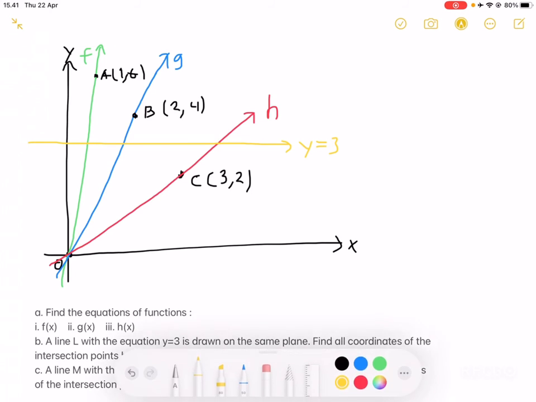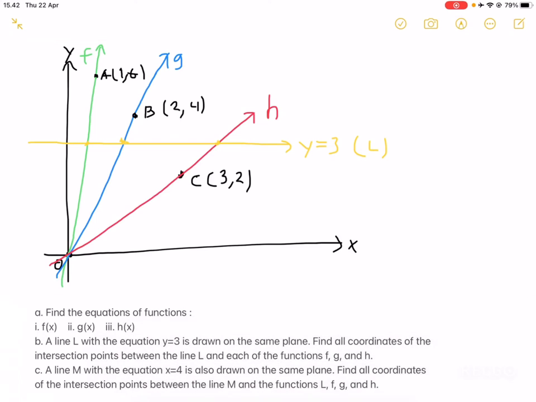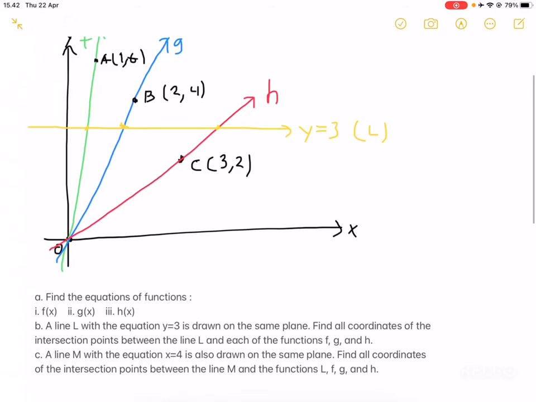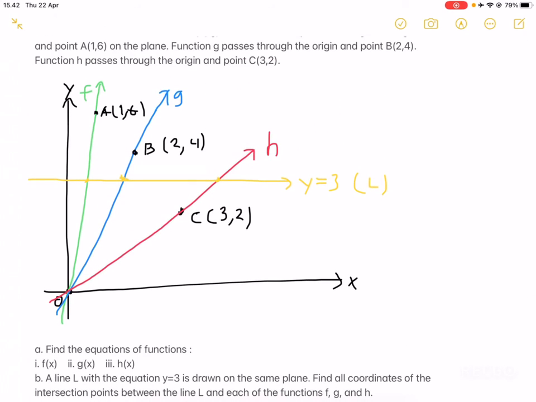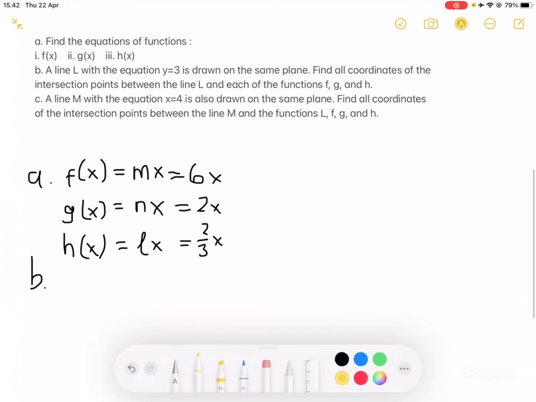So as you can see, there are 3 points of intersection between line L, I'll just put it on there, and each of f, g, and h. So we need to find the coordinates of those points. First, we can set y equals 3 into the function f of x.